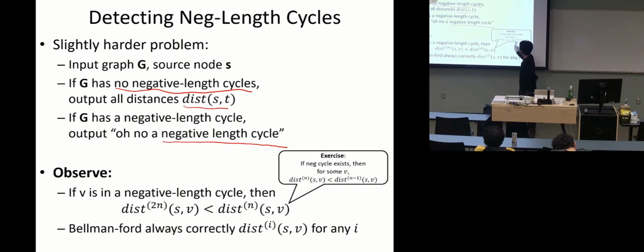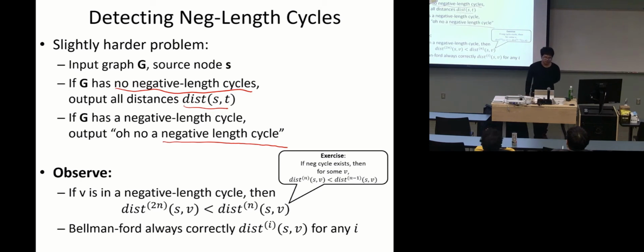Actually, something stronger is true, but I leave this as an exercise. Let's see why this is the case. This looks like a condition that we can check easily, but we need to see why it is true.